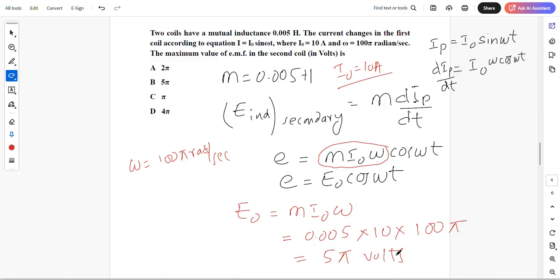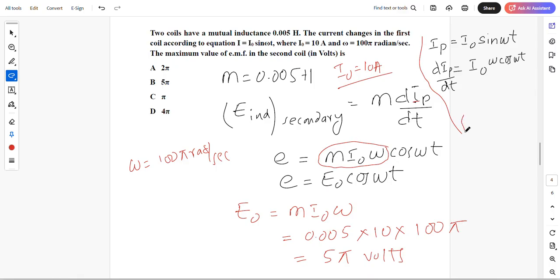Hope you understood. Just see this sum very clearly once again. EMF induced in the secondary is M dIP by dt. You have to be very careful how to calculate the differentiation of IP. That is dIP by dt is equal to I naught omega common. This gives the maximum value.